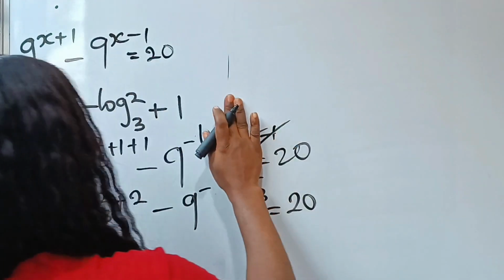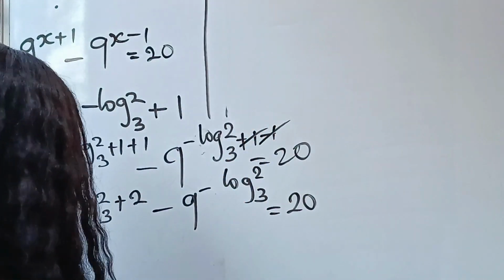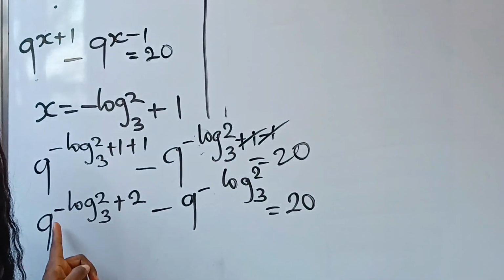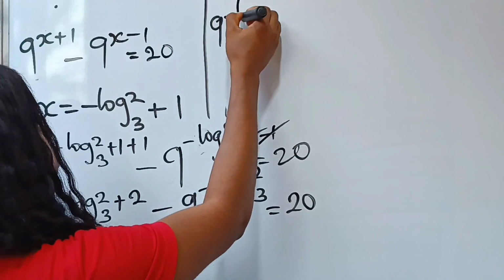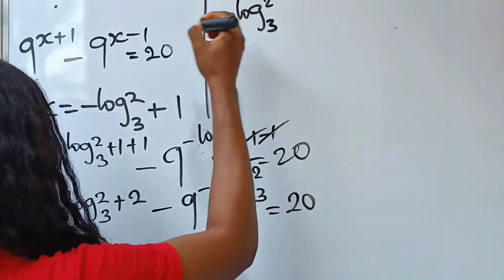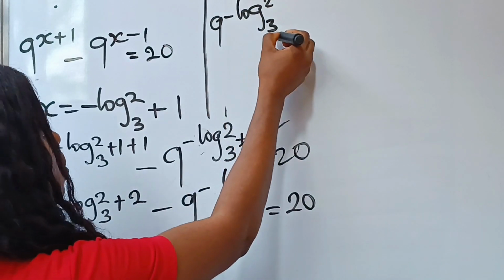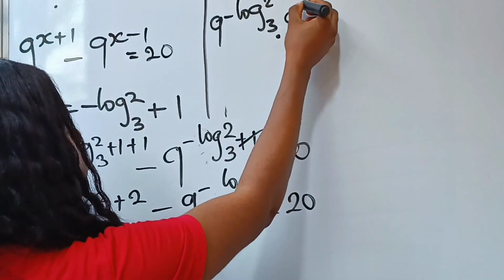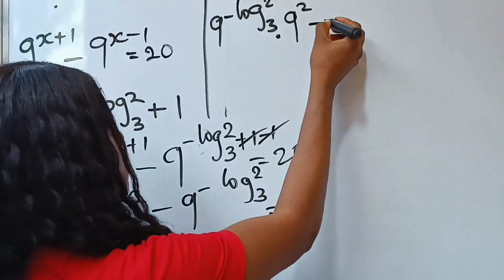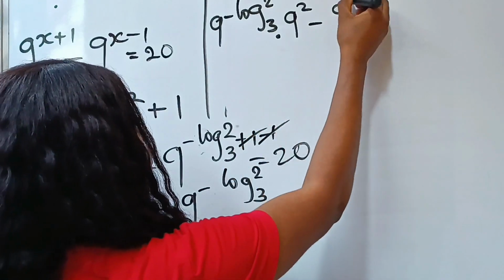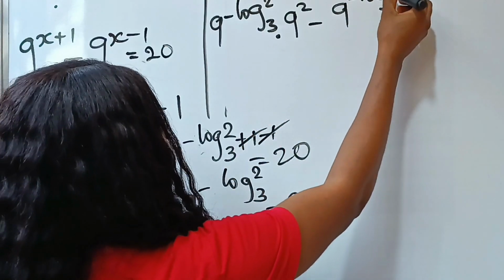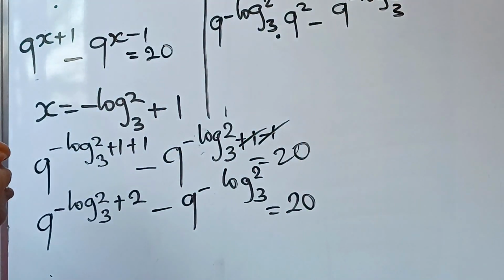Now I want us to pay attention and see what happens from here. Now recall that we can write this as 9 to the power of minus log 2 base 3, because of this plus, multiplied by another 9 to the power of 2, right? Then minus 9 to the power of minus log 2 base 3, okay?